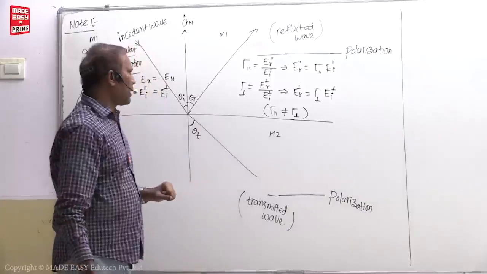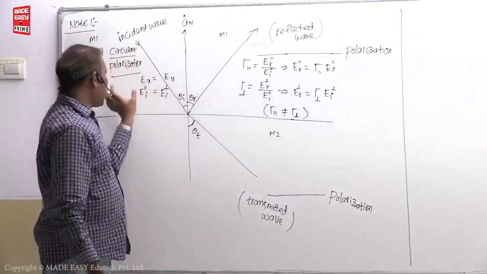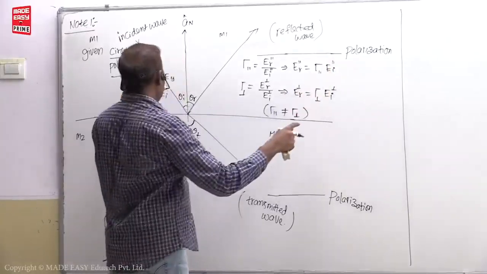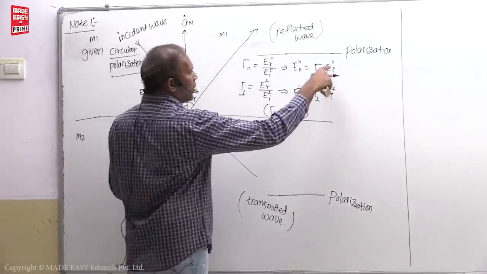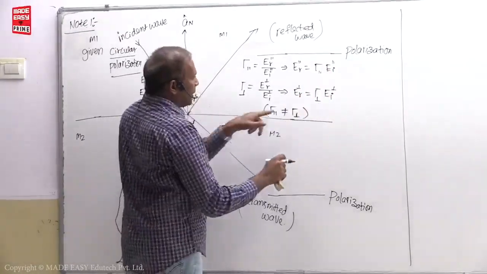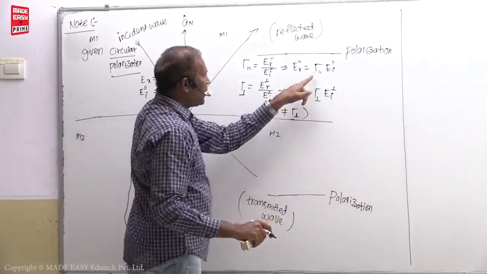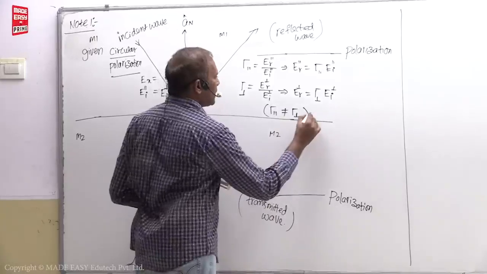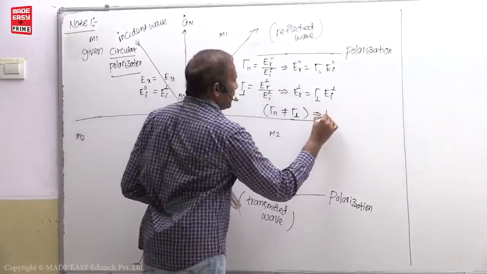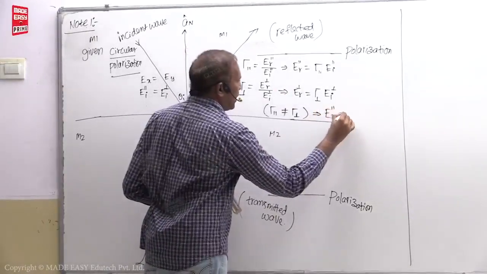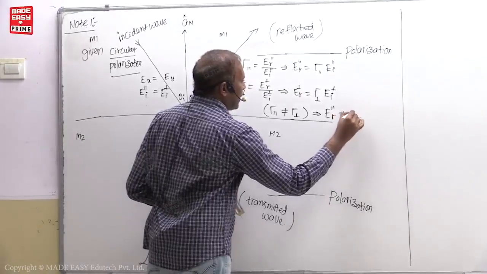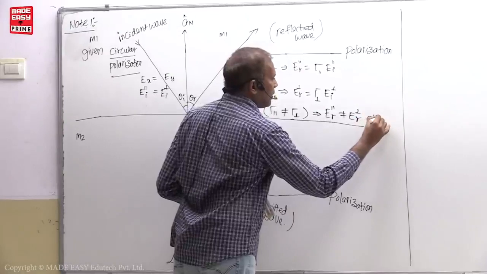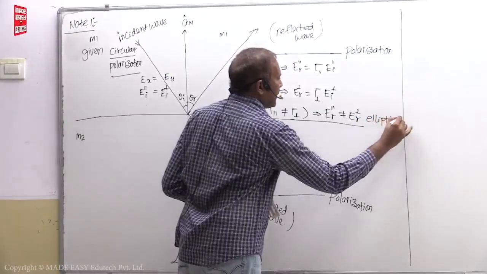Now come to the conclusion. Here, for circular polarization, EI parallel and EI perpendicular both are equal, but the reflected components are not equal. Because they are unequal, ER parallel is not equal to ER perpendicular, so this becomes elliptical.